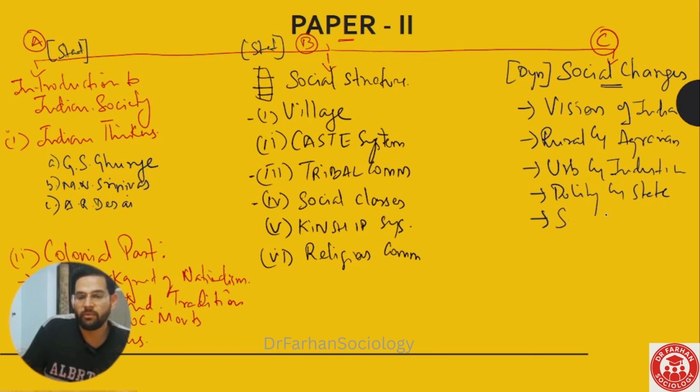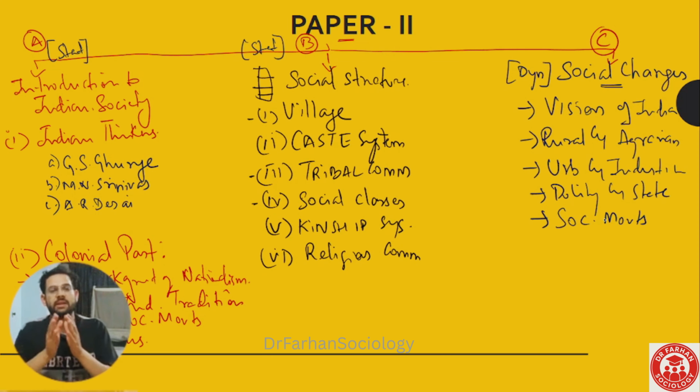The most important topic that we are having in our part C is the social movements in India. This is like the core topic that you have to study. Like if you ask me in part A of the syllabus, if you take a look, the most important topic is Indian thinkers. In the part B of the syllabus, if you ask me, I would say the most important topic is caste system.